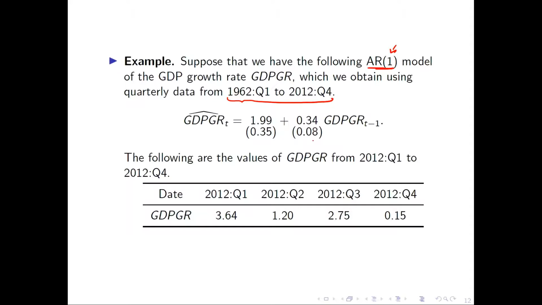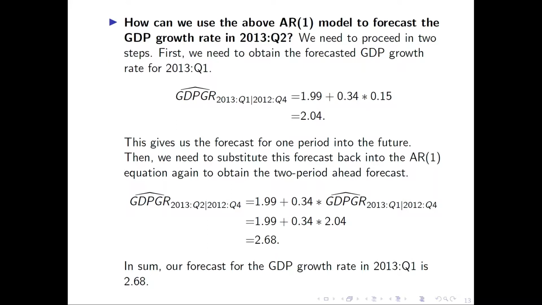Okay, so we have a table with values of the GDP growth rate from 2012 quarter 1 to 2012 quarter 4. These are observed values, and we would like to use this model to forecast the GDP growth rate in 2013 quarter 2.